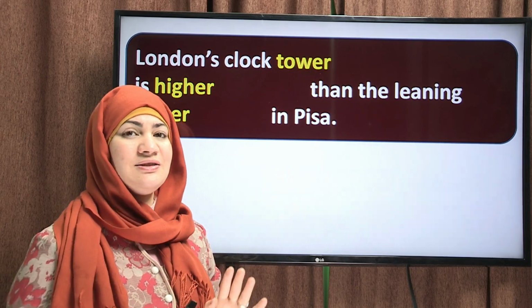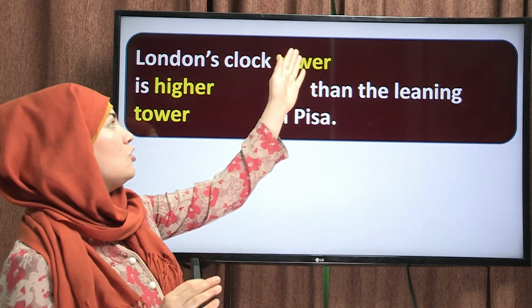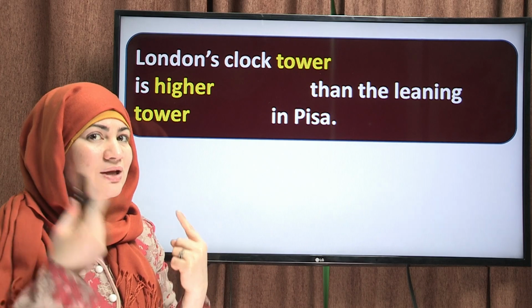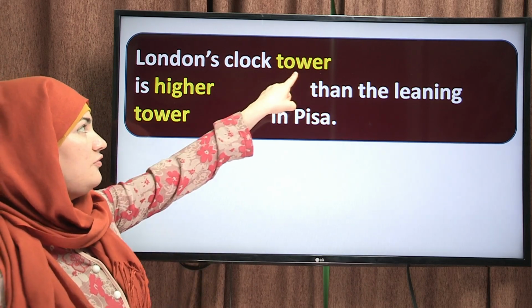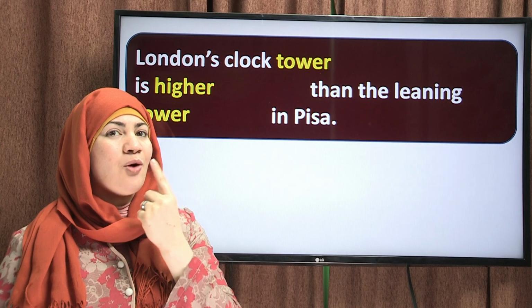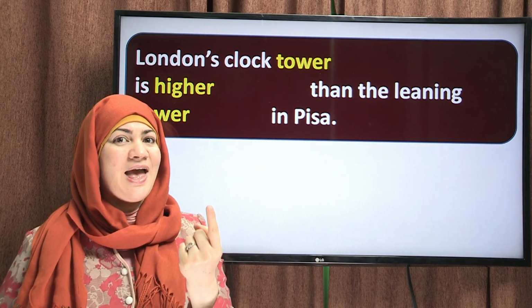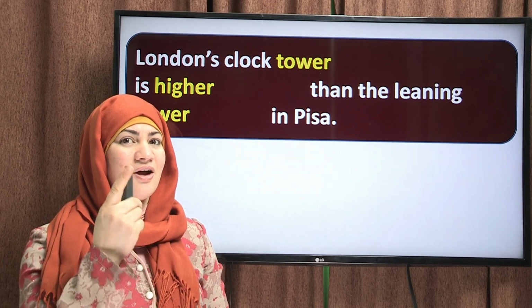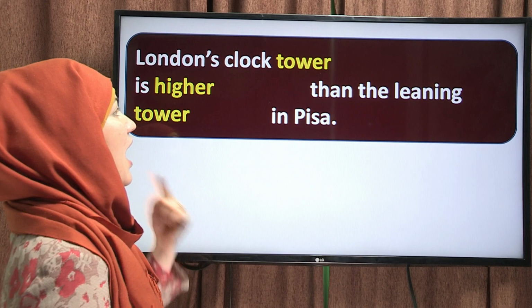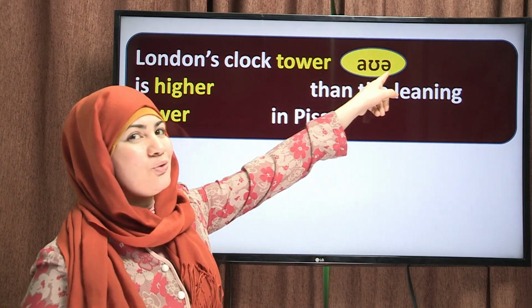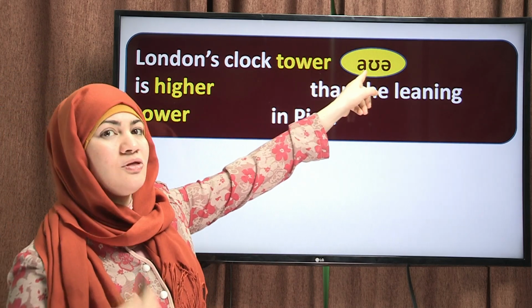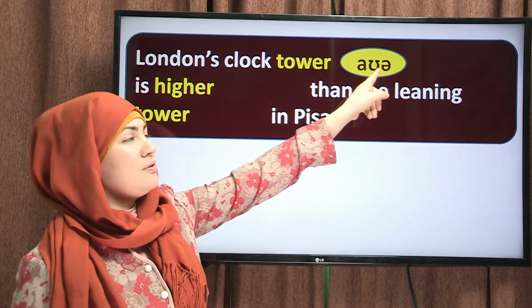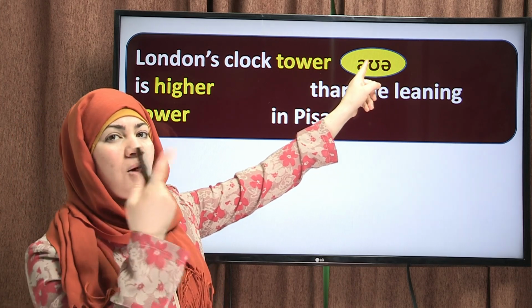I will reread these words. The first one is tower. Which triphthong? Tower. Very nice. We say our. Tower. The correct triphthong is our.